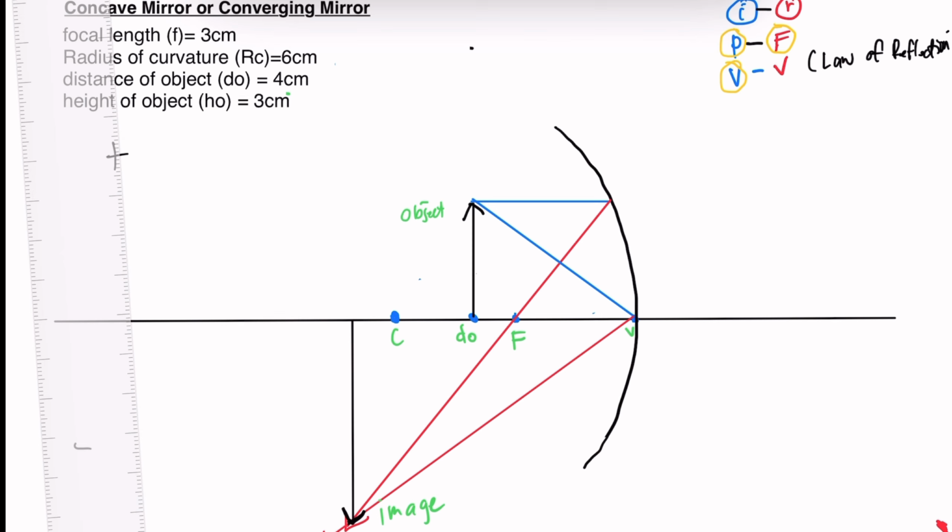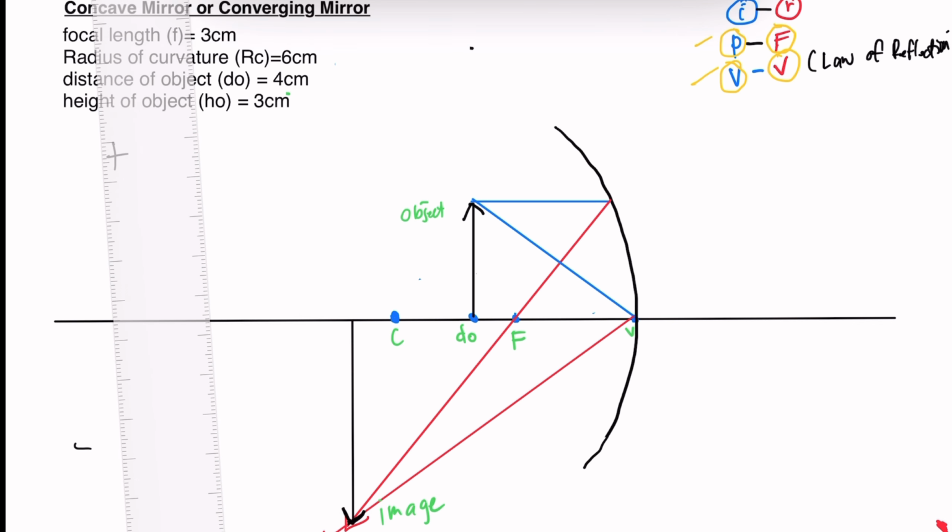So again, we just used two principal rays, the PF ray and the VV ray, for this. Notice again that the two reflected rays converge in front of the concave mirror. If this happens, the image would be inverted because it was formed at the negative side.